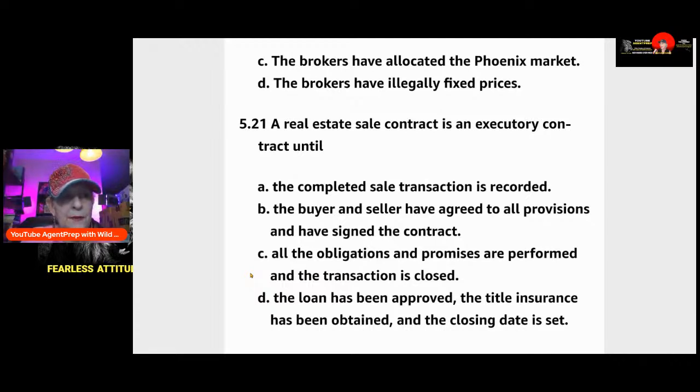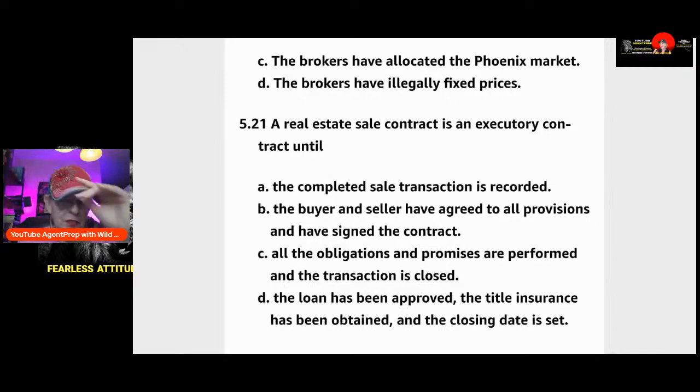Upon closing, the sale contract is fully performed and no longer exists as a binding agreement. So a real estate sale contract is an executory contract until it closes and all the obligations and promises are performed, then it's considered executed. It is done. It's closed.